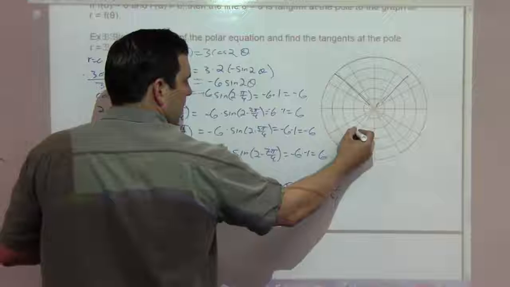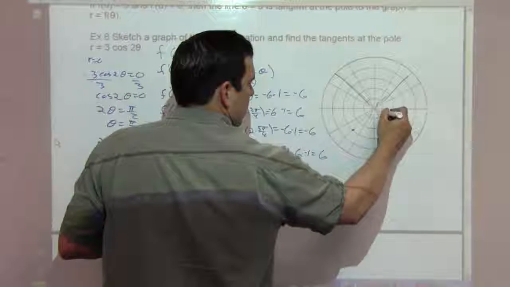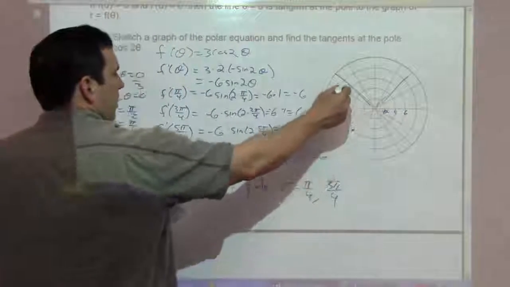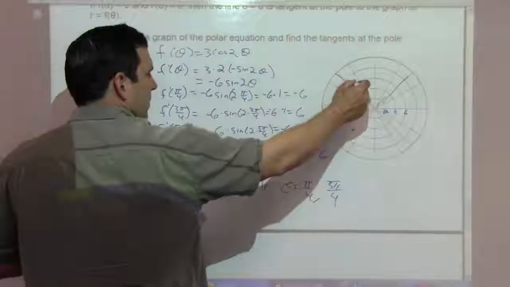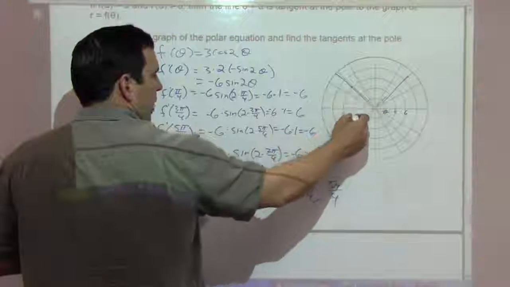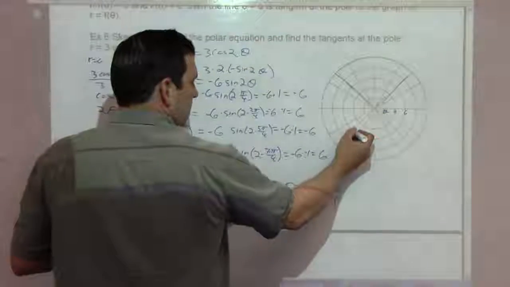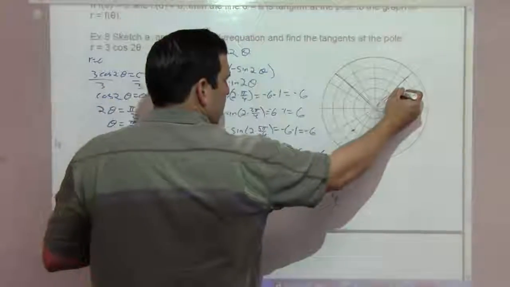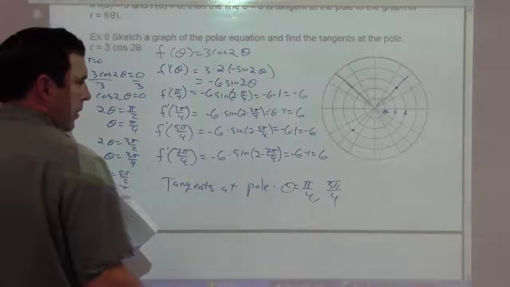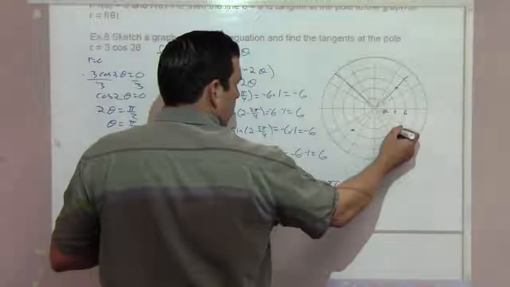Let's call this negative 6. 2, 4, 6. At 3 pi over 4, it's at positive 6. At 5 pi over 4, it's at negative 6, so it's going to be back up here. And at 7 pi over 4, it's going to be 6.